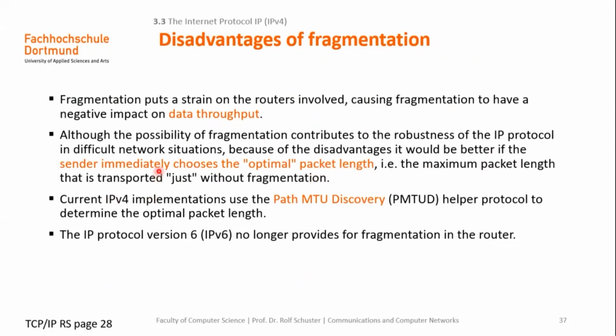That discovery could be performed using an option called Path MTU Discovery in the internet, supported by Internet Protocol version 4. But in fact, we will see that in version 6 of the Internet Protocol, we avoid fragmentation in the routers. We only support fragmentation in the source host.